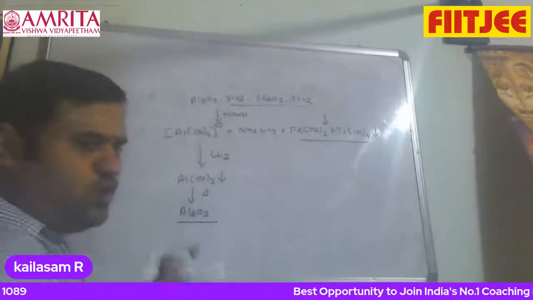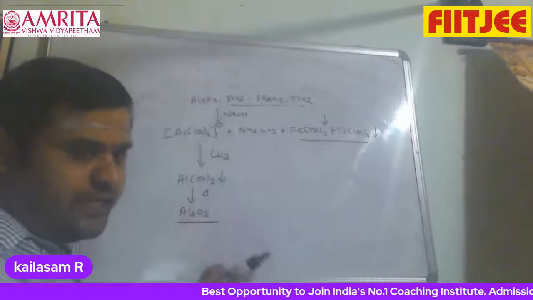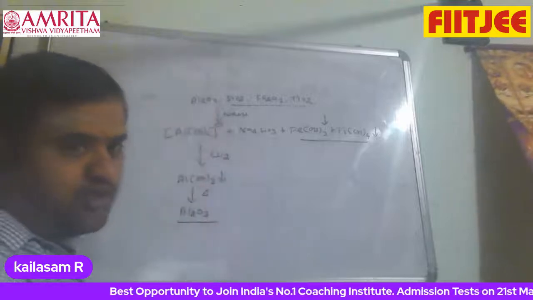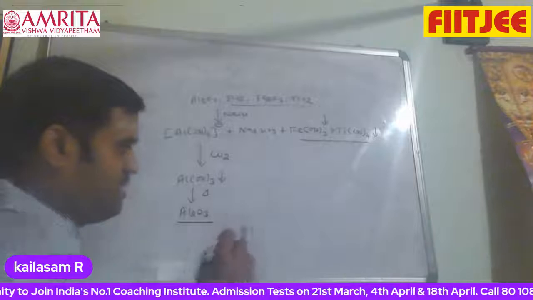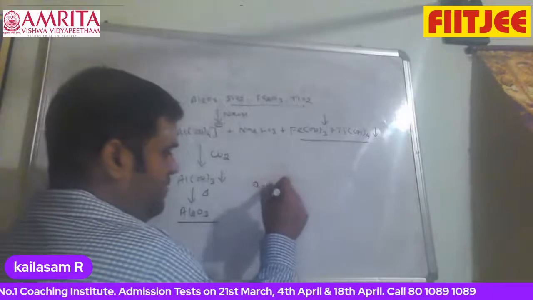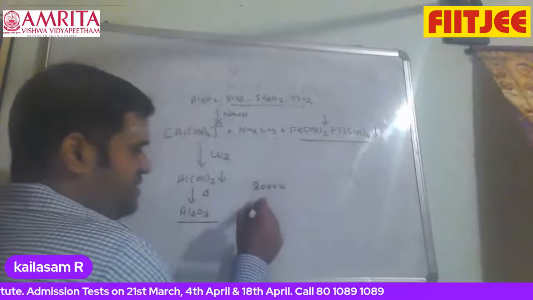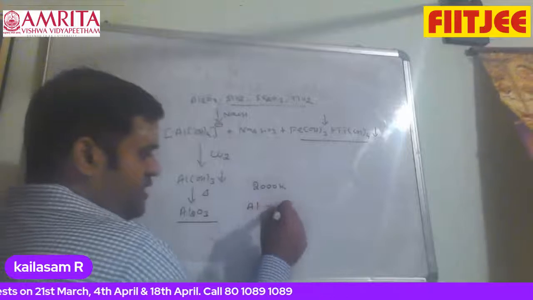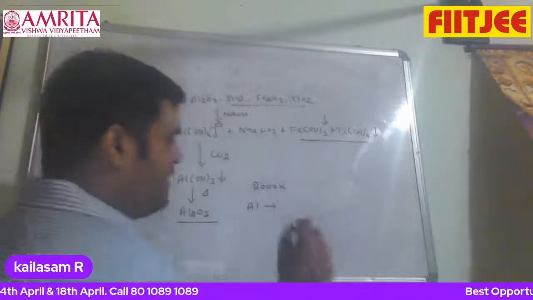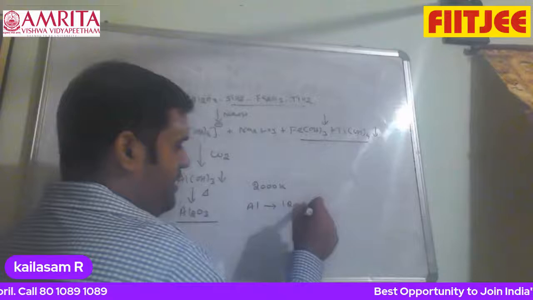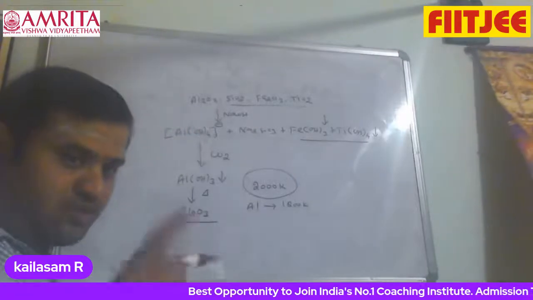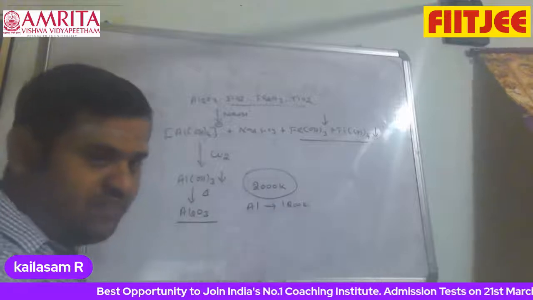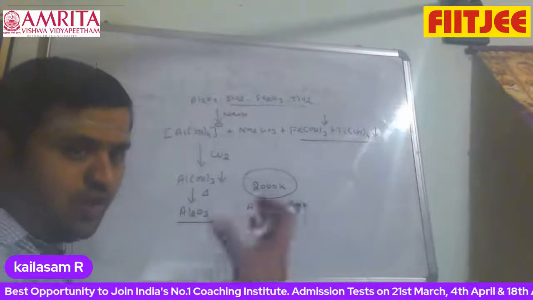For electrolytic reduction of Al2O3, a huge amount of temperature is required, for example 2000 Kelvin. But once the aluminum is deposited, its boiling point is about 1200 Kelvin, while we are supplying 2000 Kelvin, so most of the aluminum gets evaporated and a huge loss occurs.